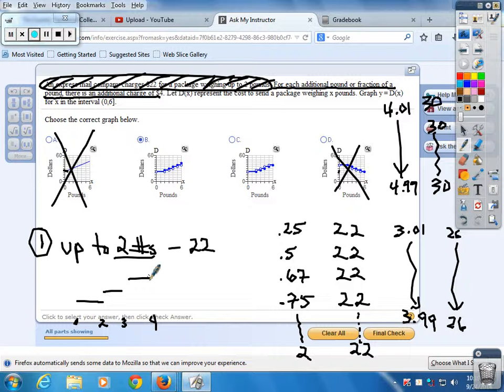It all depends on if it actually says up here, there we go, up to 2 pounds. That means it does not include what? It does not include 2 pounds, so this one would be it.